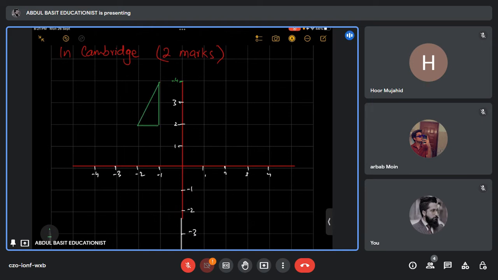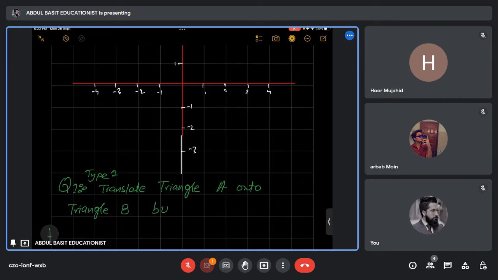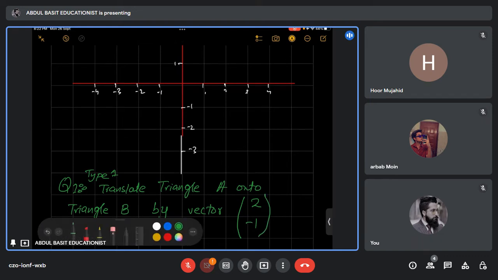The examiner will ask a question like this. Type 1 can be like this: translate triangle A onto triangle B by the vector.